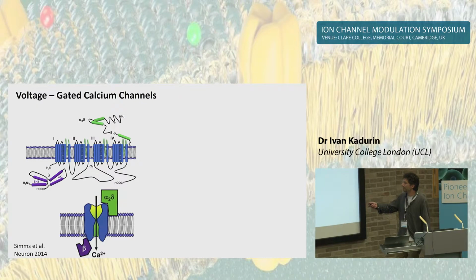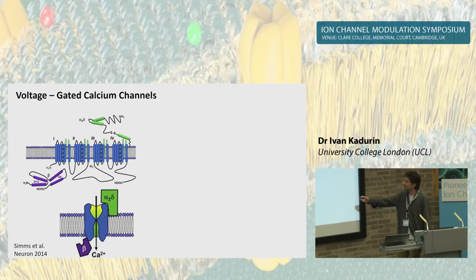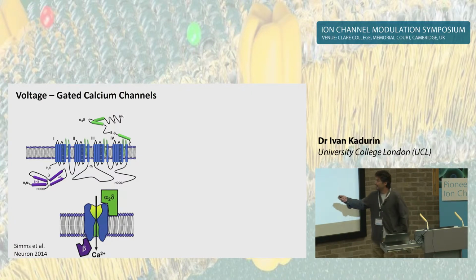And they are formed by large molecular complexes. There is a main subunit, traditionally called the alpha-1 subunit, which forms a calcium-selective pore and a voltage sensor that regulates the pore. This is highly schematic.